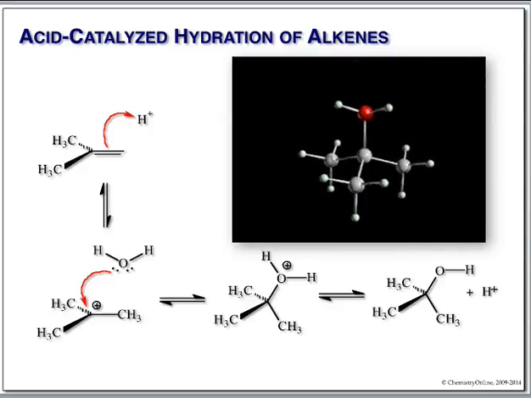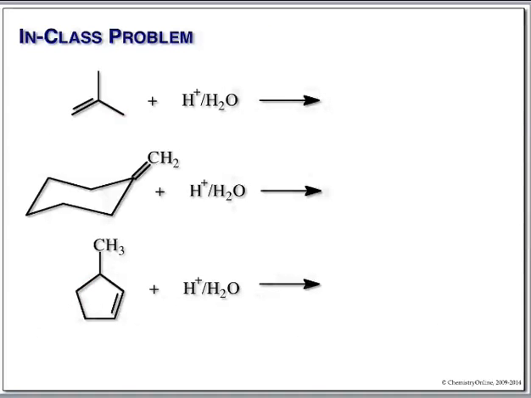Coming in from the top, that's this intermediate, have to lose a proton, and we wind up with our alcohol. Any questions? Simple, brutal: OH group to the most stable carbocation center. Go ahead and do them.